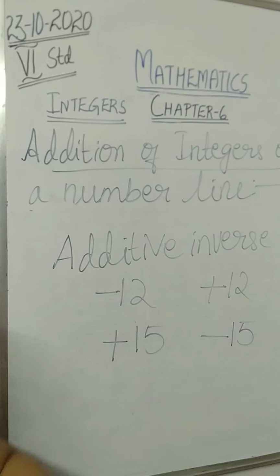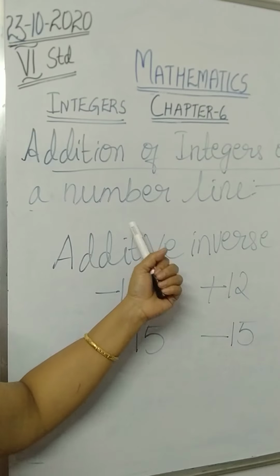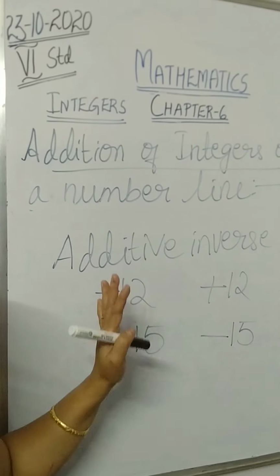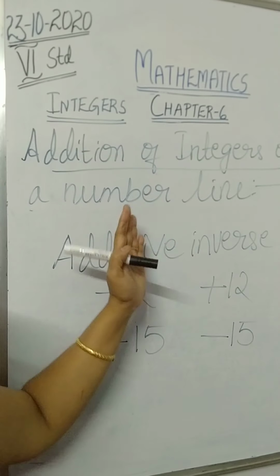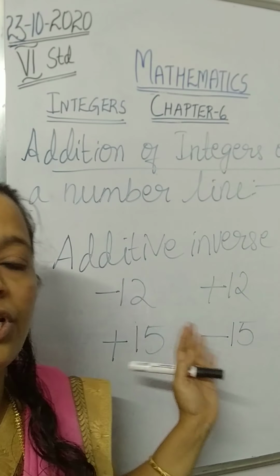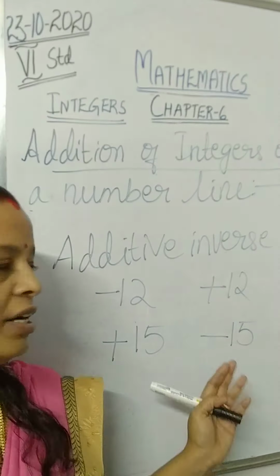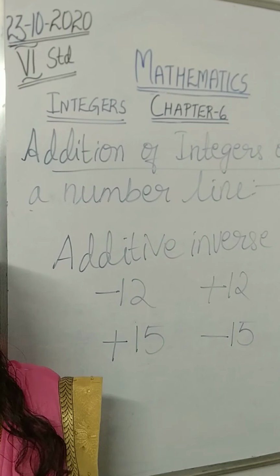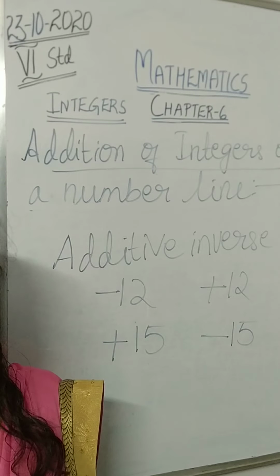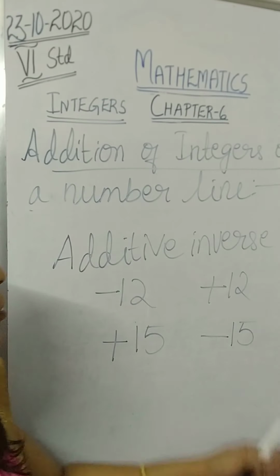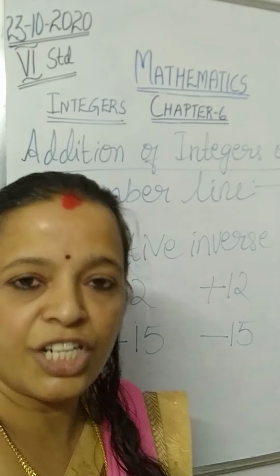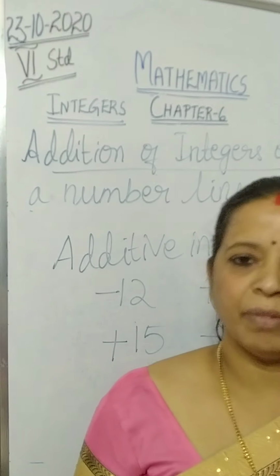Also, we learned about addition of integers on a number line. Yes, this is a smaller chapter. That's it. This chapter is integers. You will learn more in your 7th standard. More detail about integers, addition and subtraction, everything in detail. Okay. In today's class, we have learned about additive inverse, and also addition of integers on a number line.